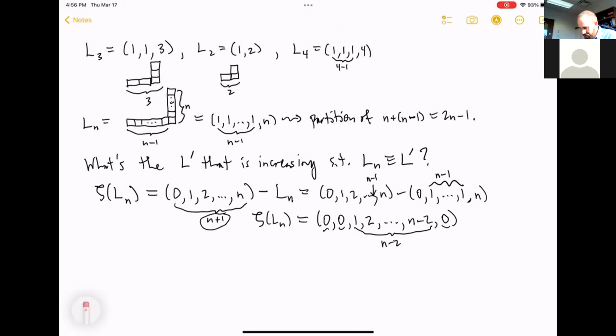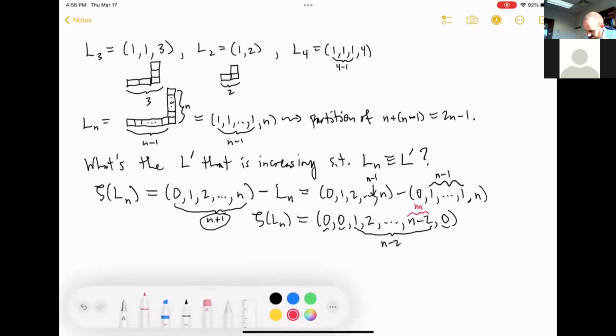And then remember, zeta prime we get by rearranging entries to start with a single 0 and work all the way up to the maximum. And in this particular case, what is the maximum? Okay, well, the maximum is this. This guy is our m. That's the maximum. Yes? So let's see here.